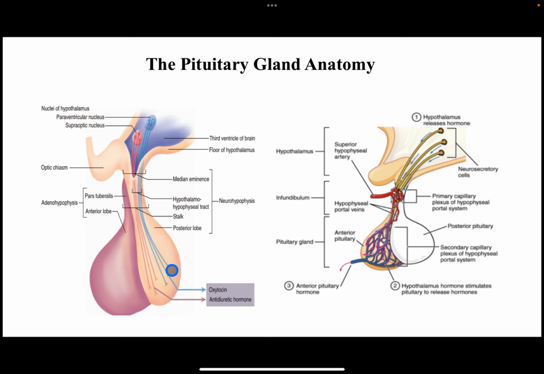In anatomy and physiology, we say that they store and release, but they do not produce. So if you are asked where oxytocin and antidiuretic hormone are produced, it's in the hypothalamus. If you are asked where they are released, then posterior pituitary. Where they are stored, then posterior pituitary.